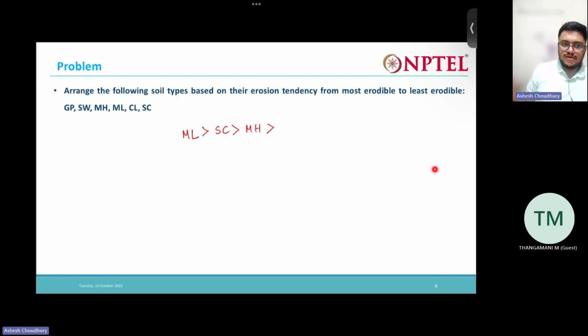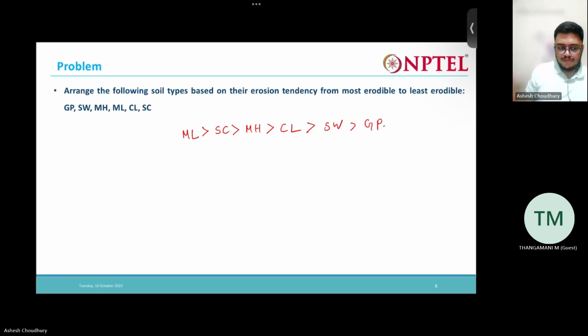After MH, we have CL, that is low plastic clay. Then we have SW. Last we have poorly graded gravel.